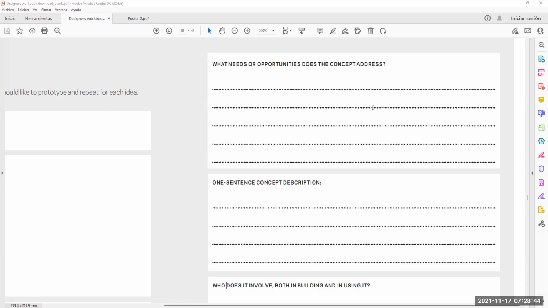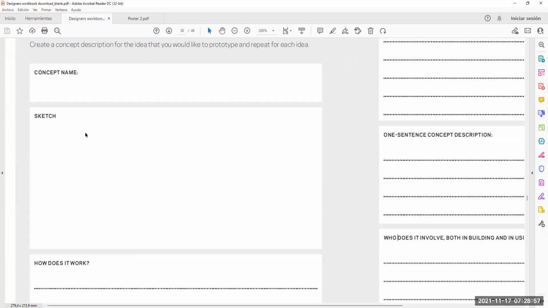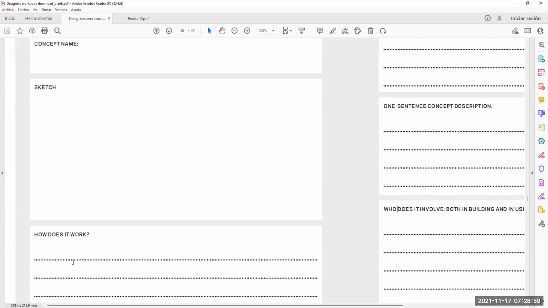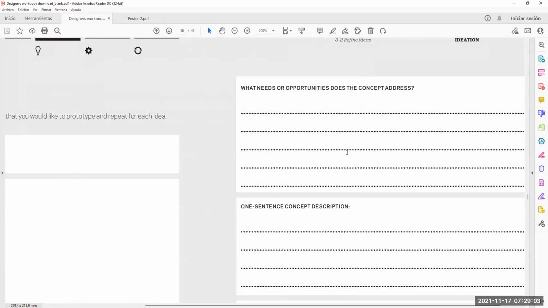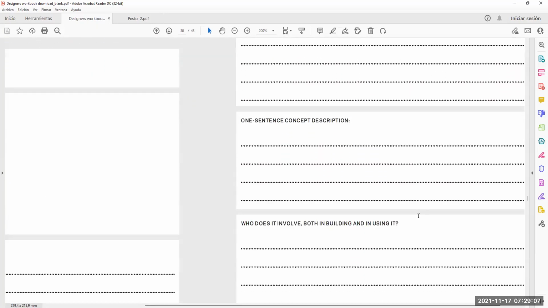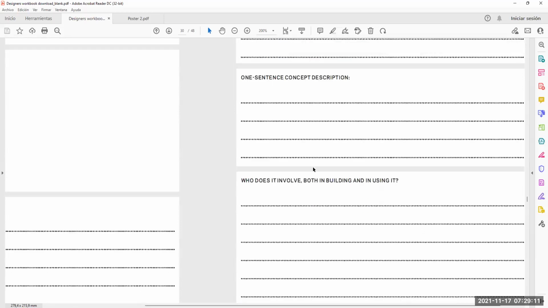You will present as a group, you see, but I will assign different grades to each one of you. You see, so just to give you a random example in your group, let's say Ana Maria starts describing the sketch and how does it work, for example, and then you talk about this section, the needs or opportunities the concept addresses. You see, and finally, Valeria talks about who does the idea involve.